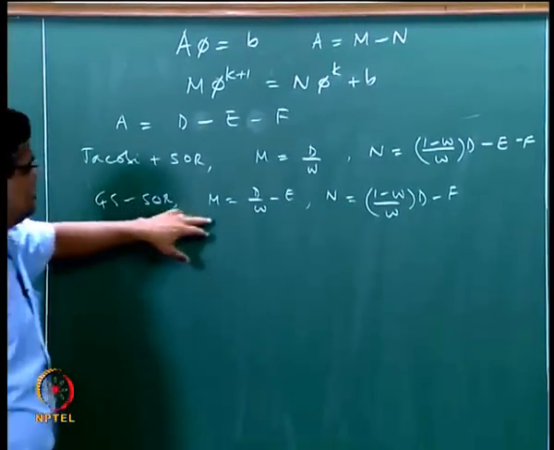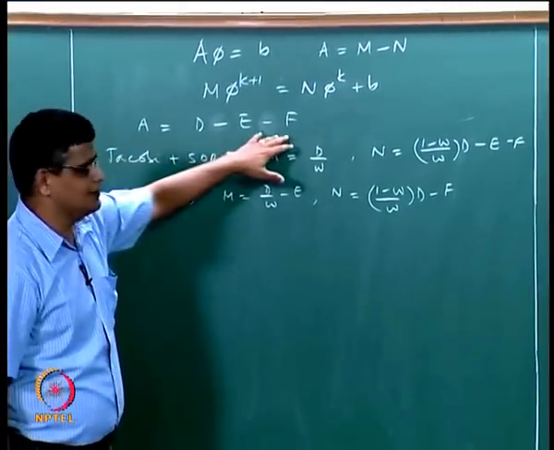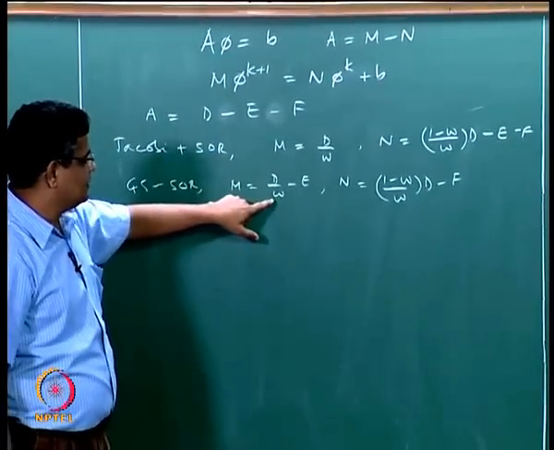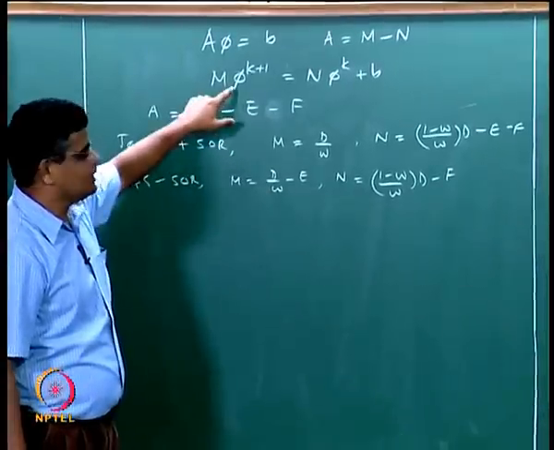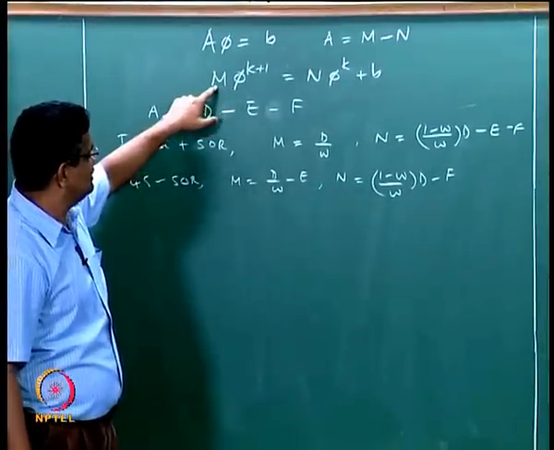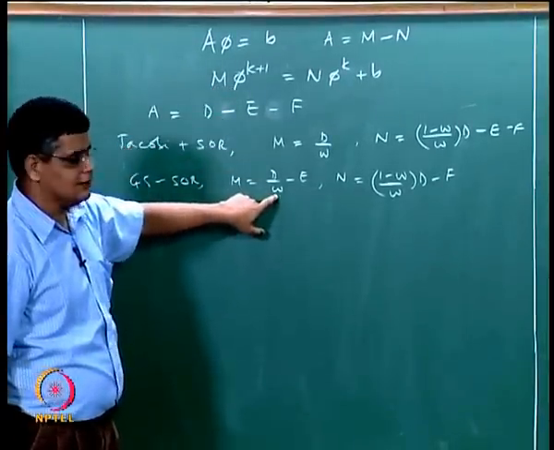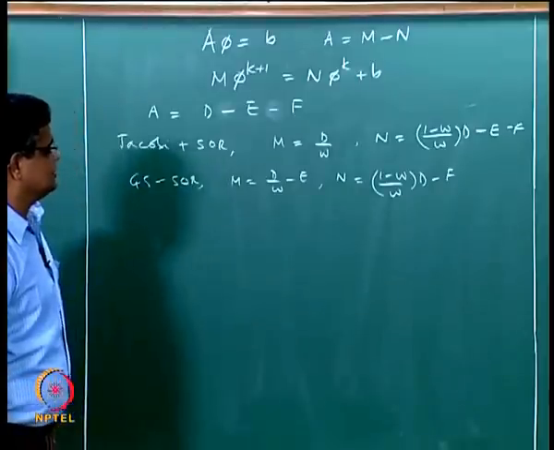So M minus N here is still the same as this one, except for the fact that in the implementation part we are putting a value of omega which is between 0 and 2.